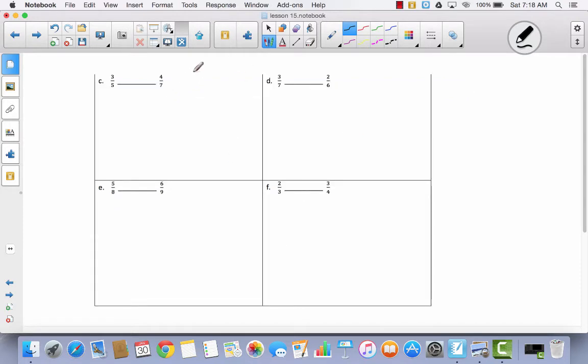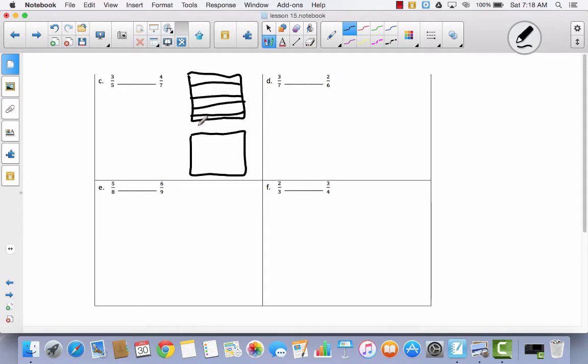All right, so we're going to draw our model. The first thing I'm going to do is make these into fifths like this. 1, 2, 3, 4. So that's 1, 2, 3, 4, 5.